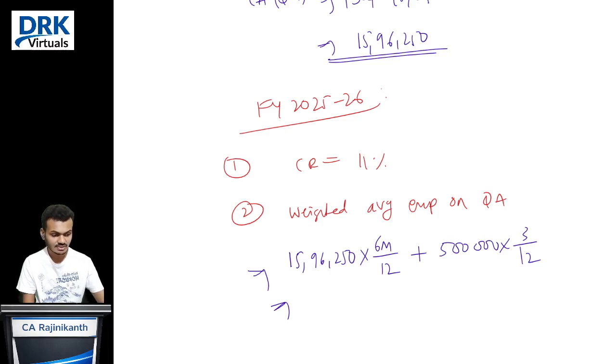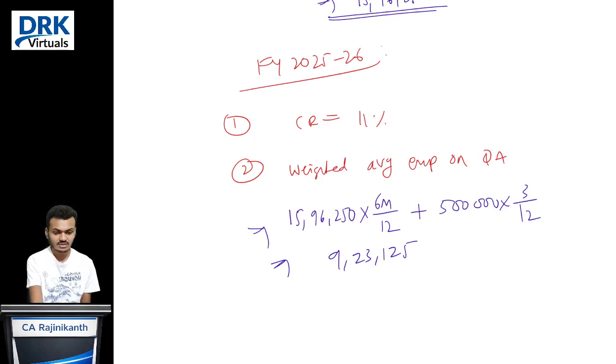This one plus 15 lakh 96,250 divided by 2. Total 9 lakh 23,125.